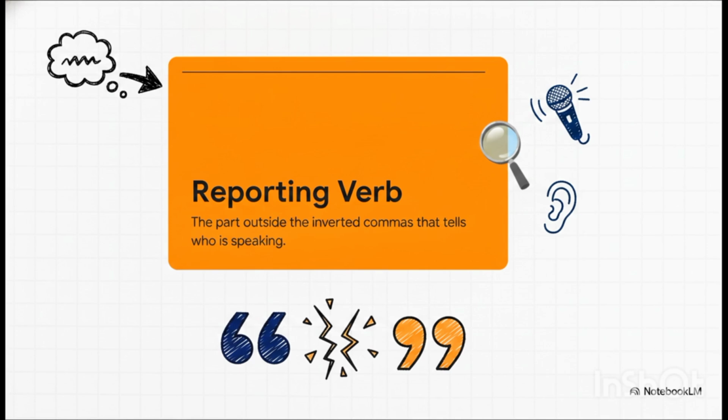The reporting verb lives outside the quotes. It's what tells us who is speaking and how, like Ram said or she asks. The reported speech, though, is the actual message trapped inside those inverted commas, the literal words that left the speaker's mouth, something like, "Will you give me your pen?" When we switch to indirect speech, our main job is really just breaking down the wall between these two parts.